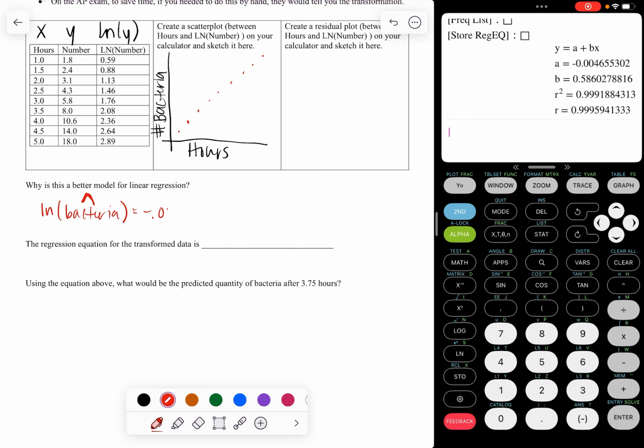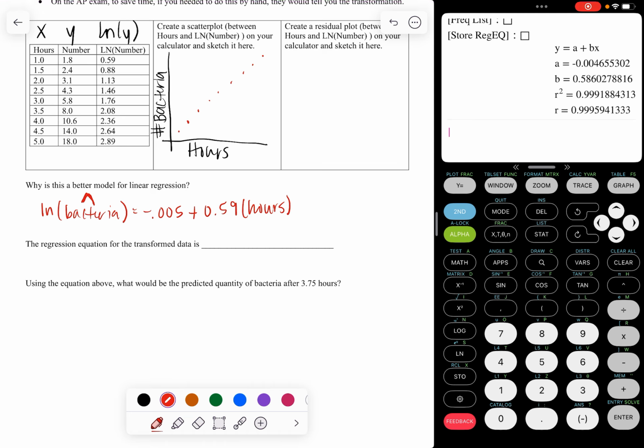So I'm going to go 0.005 plus 0.59x, which is hours. Now remember, you can always write x and y out to the side. You just have to make sure that you identify what each variable is before you use it.